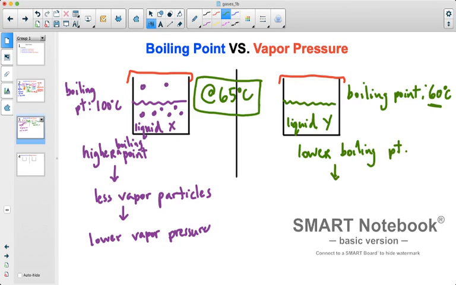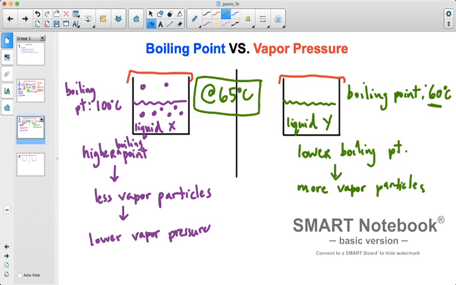However, since the room temperature is at 65 degrees Celsius, which is higher than liquid Y's boiling point, we're actually going to see more vapor particles. And we see that because the room temperature is above our boiling point.